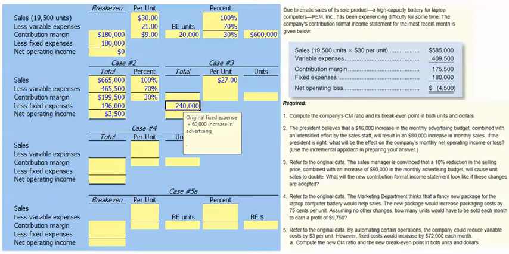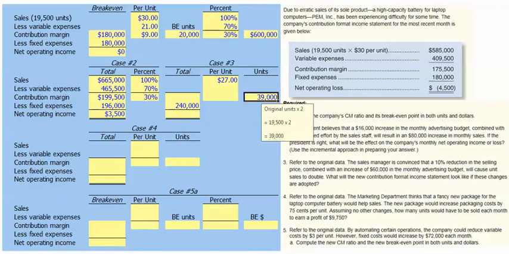That's the original $180,000 in fixed expenses plus an additional $60,000. Will cause unit sales to double. So unit sales will increase from 19,500 units per month to 39,000 units per month. What will the new contribution format income statement look like if these changes are adopted?